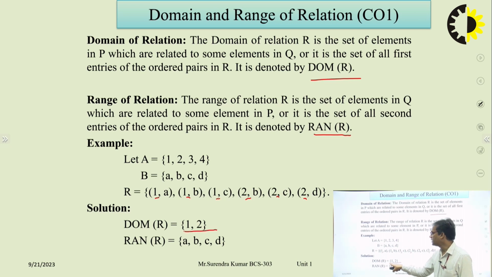So, these are the domain of this relation. Now, for the range of the relation, we can check: here is A, here is B, here is C, here is B again, C again, and D. That means all 4 elements of B are in this range. In this way you can find the range and domain of a relation.